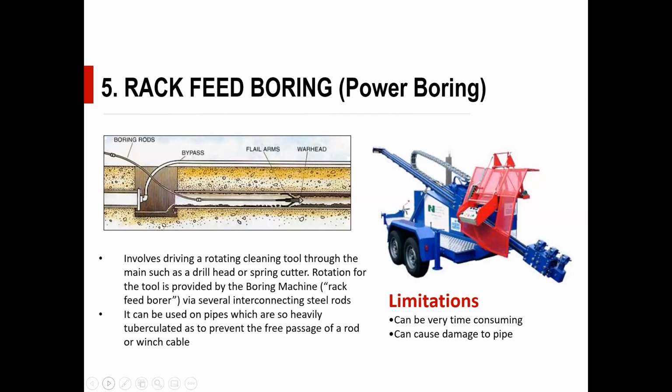As it rotates, you push it forward using the rack bore. Once the steel rod's fully down, it releases, the head comes back up and grabs the next rod, screws it on, and then you push it down.